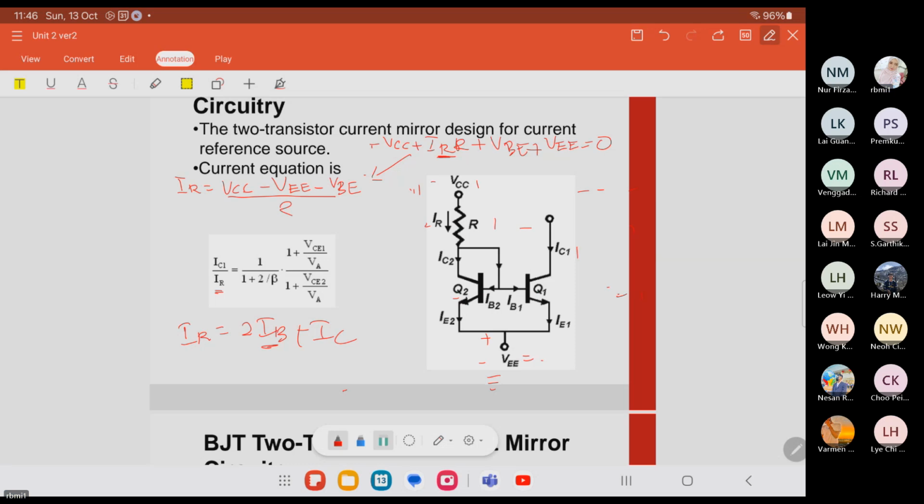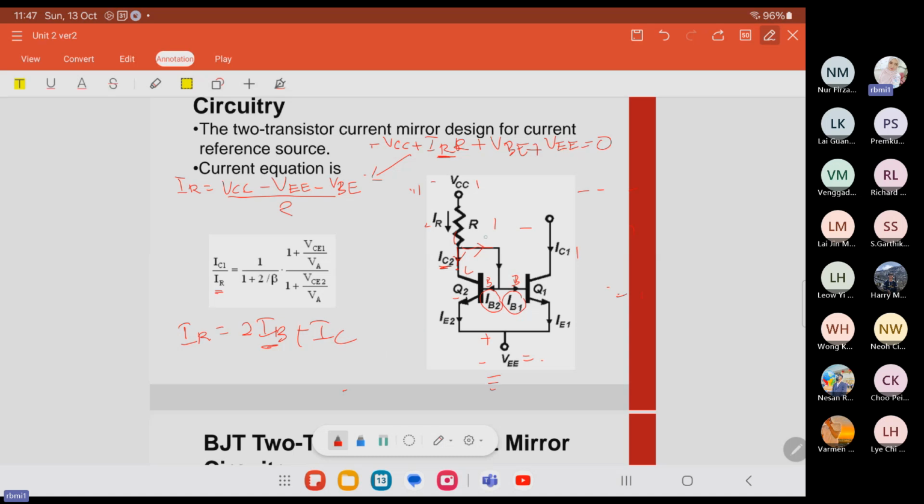So it will split into two paths. One is this way, one is this way. Goes down, horizontal and vertical. This one is IC2 because it is at the collector. This one is at the base. Base for Q2 and also base for Q1. So for Q2, we have IB2. For Q1, we have IB1. This IB2 and IB1 have similar value.